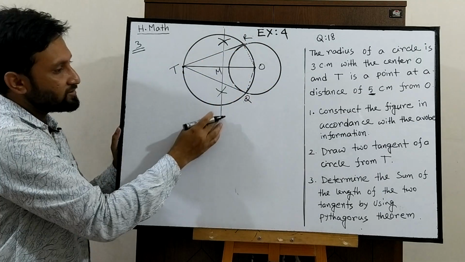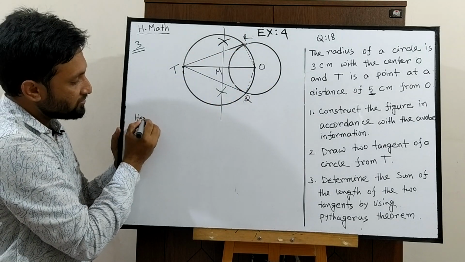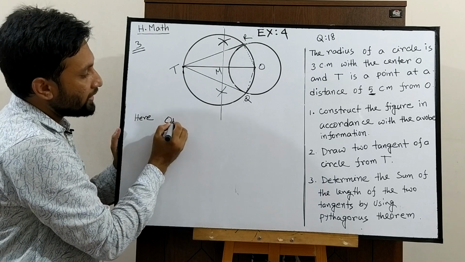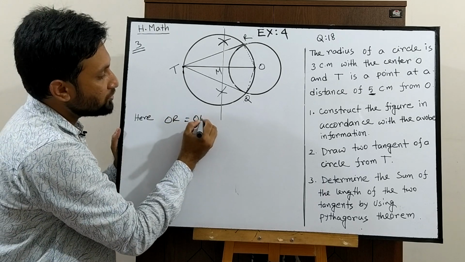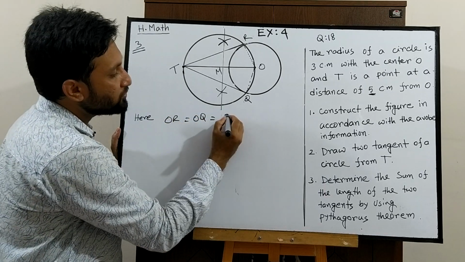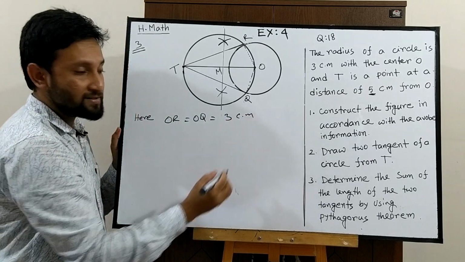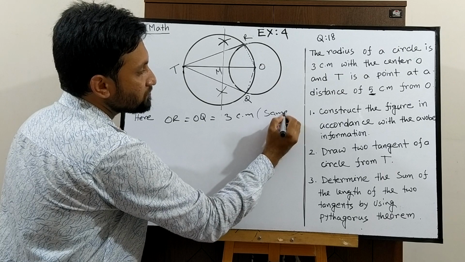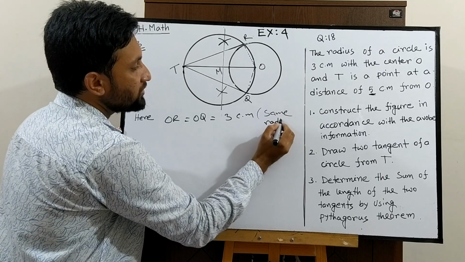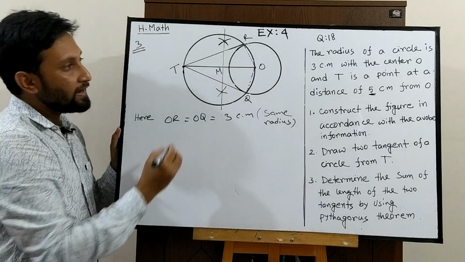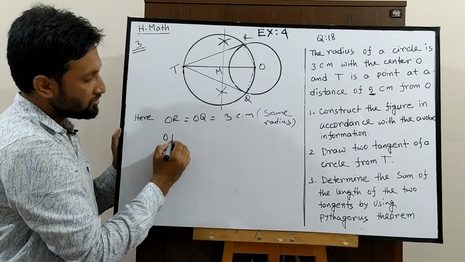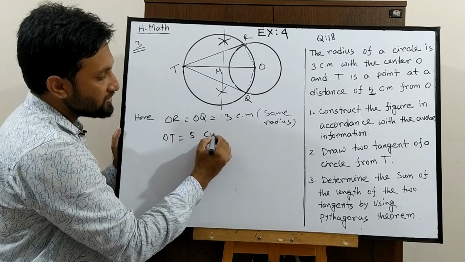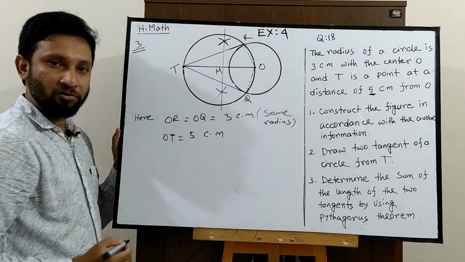So see the solution here. OR and OQ equal 3 cm, the same radius of the circle, and the distance OT equals 5 cm according to the question.